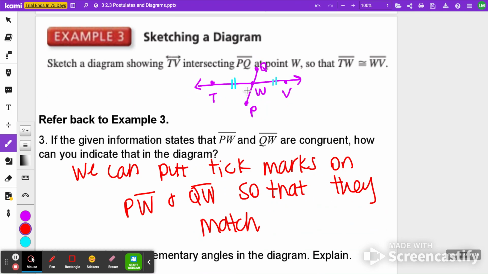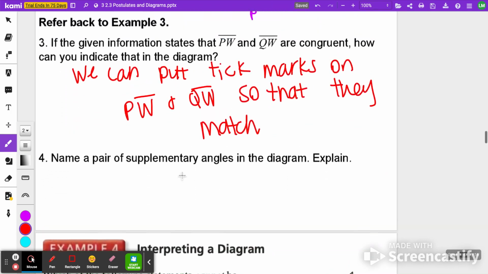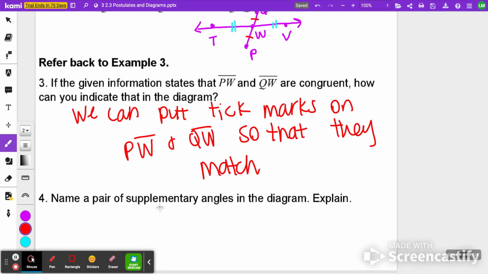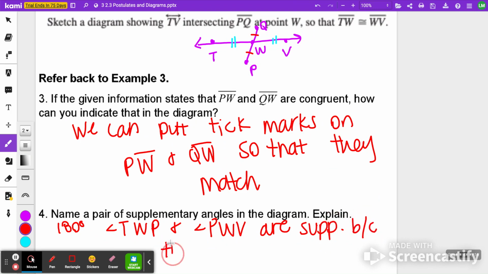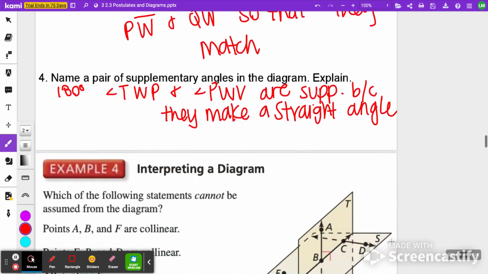So if we did that, we would just put 1 tick mark for PW and 1 tick mark for WQ. Name a pair of supplementary angles in the diagram and then explain. Remember, supplementary have to be equal to 180 degrees. So we could say that angle TWP and angle PWV are supplementary because they make a straight angle. Okay, simple as that.